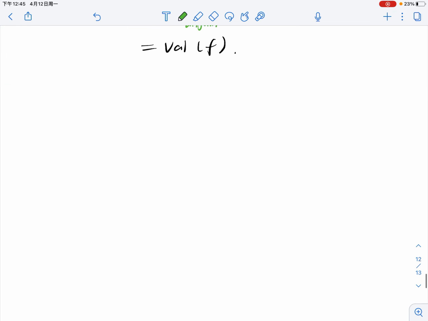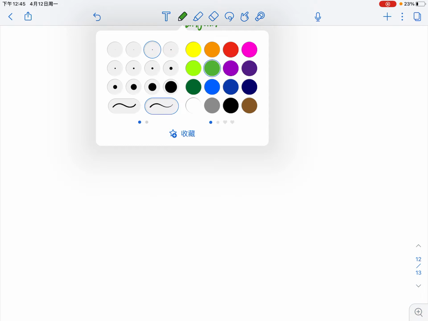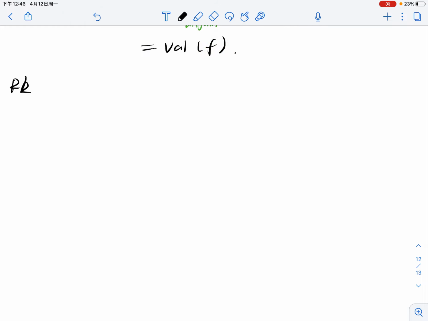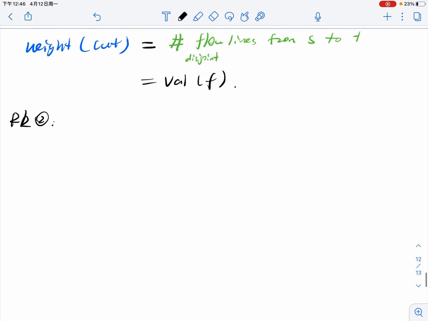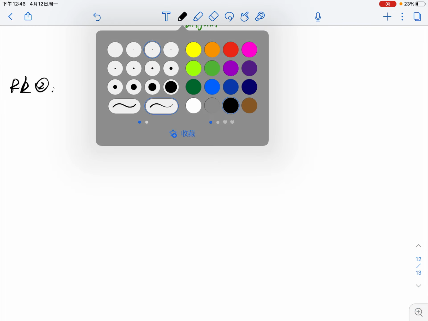Okay, and if we turn back to the previous theorem, then we can also draw a similar picture. That is, how to estimate the value of a flow?